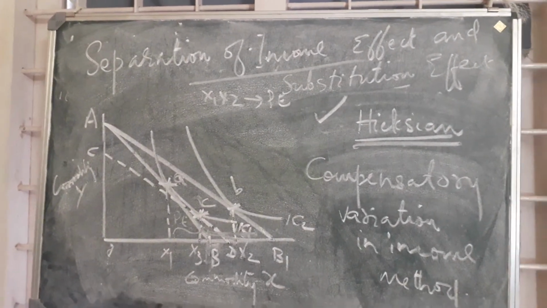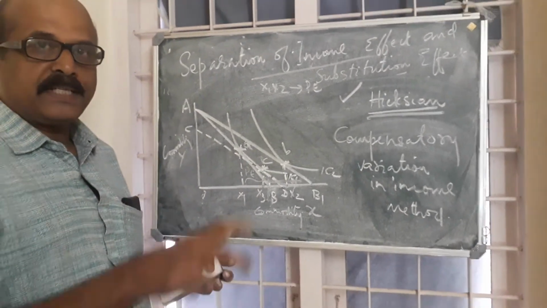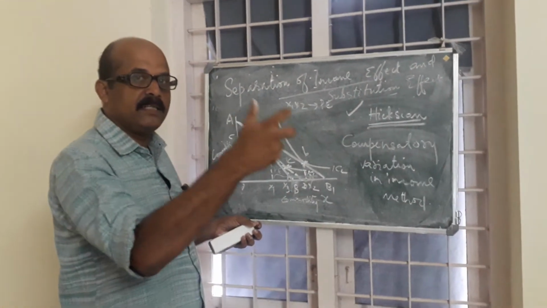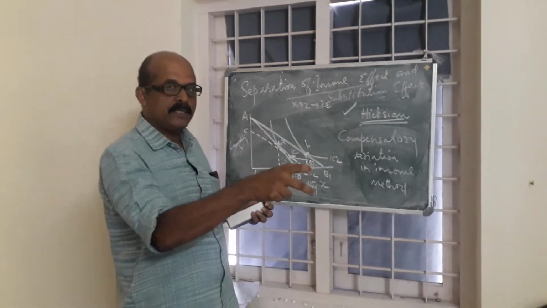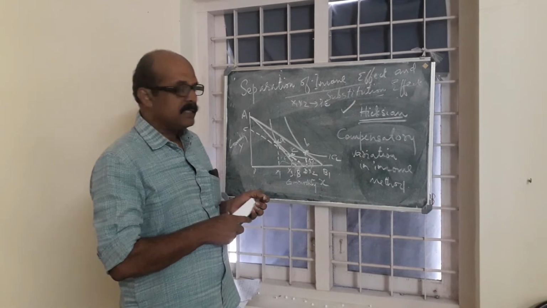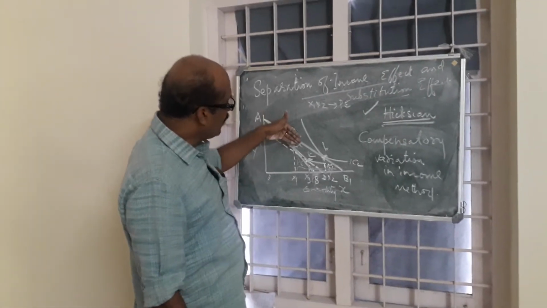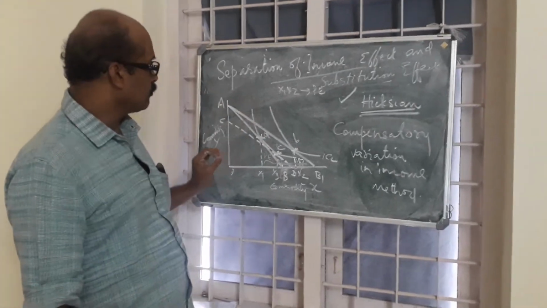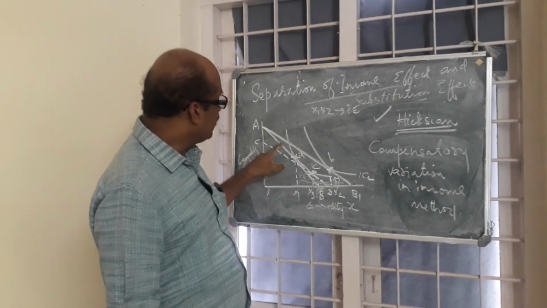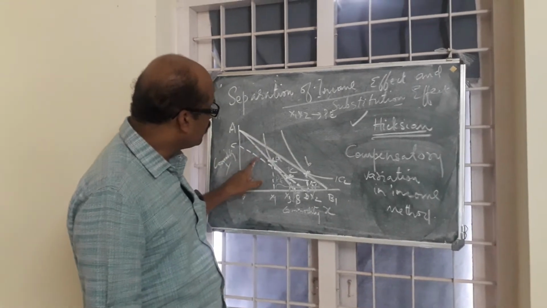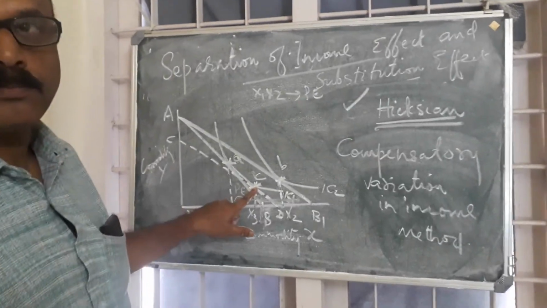Now we are going to separate this. What we do is, we take away the increase in the income of the consumer as a result of the changing price. How do we take away this increase? By compensating variation in income, or we reduce his income in such a way that the consumer is brought back to indifference curve IC1.